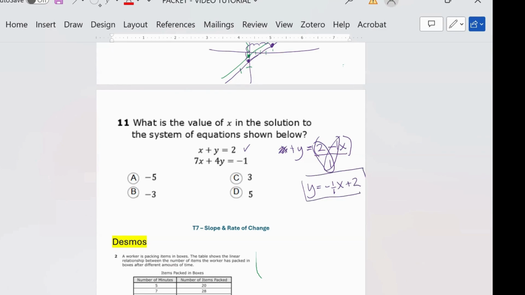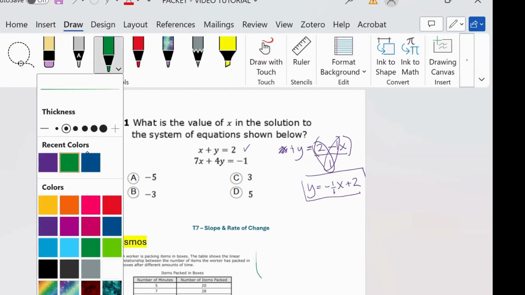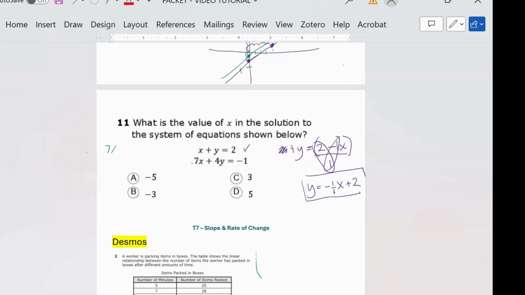Now, the next equation here is 7x plus 4y equals negative 1. After that, you're going to put parentheses after the equal sign and then subtract 7x. That's gone. I'm going to divide this by 4.